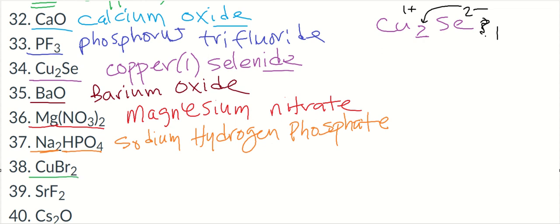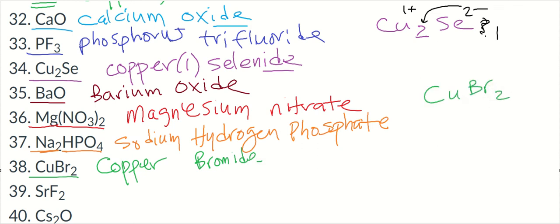All right, copper. Uh-oh, copper is a transition metal with multiple cations, so we have to figure out what that is, and we have to label that in Roman numerals. We know bromine's name is going to just change to bromide, so let's write that down. I'm just copying the formula given.